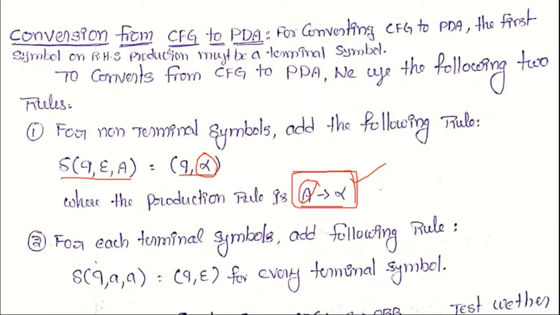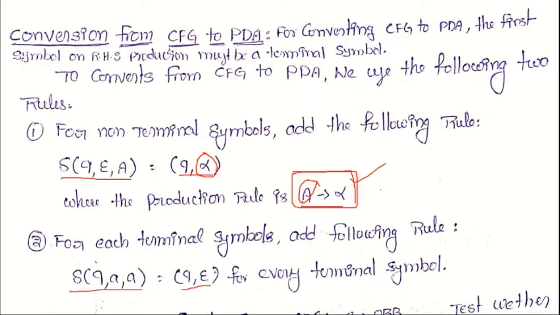And one more rule for conversion from context-free grammar is used for terminal symbols. For each and every terminal in the context-free grammar, for example if we assume there is a terminal small a, then we write delta of q comma a equals q comma epsilon.